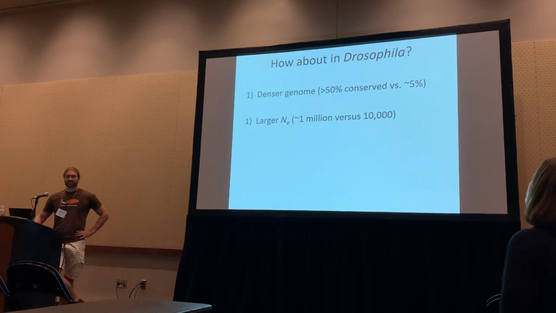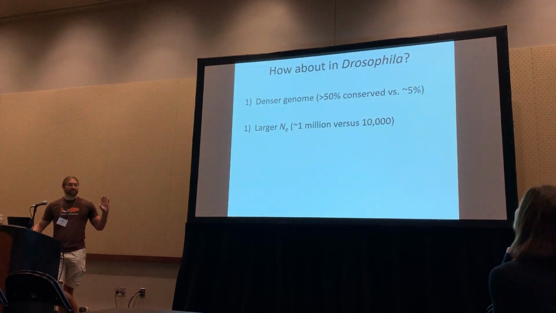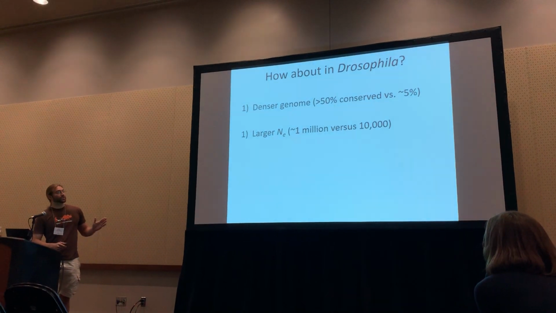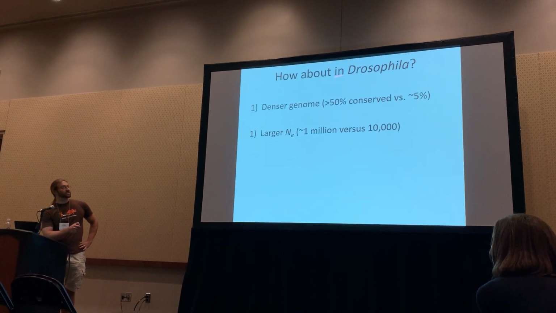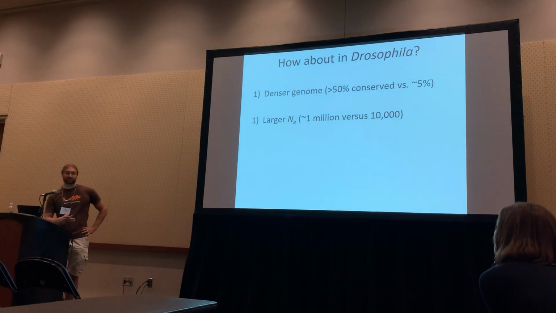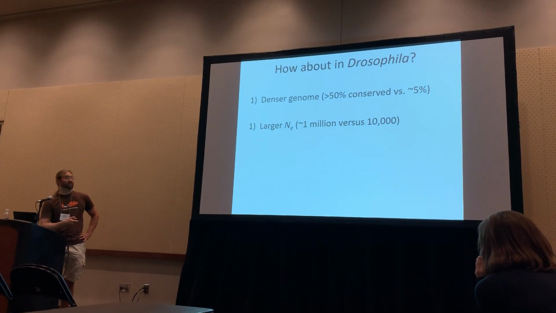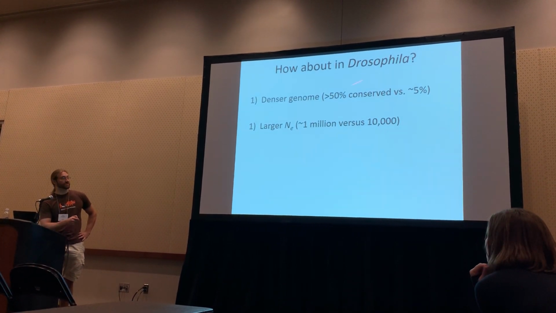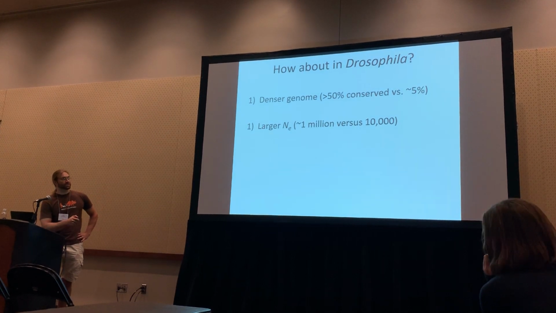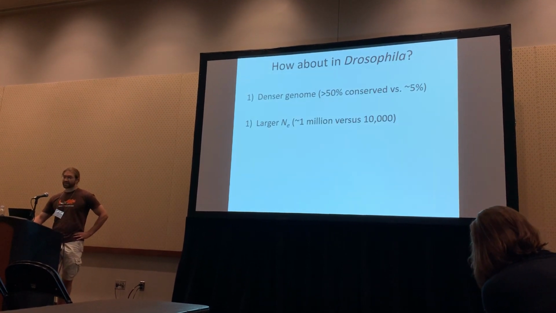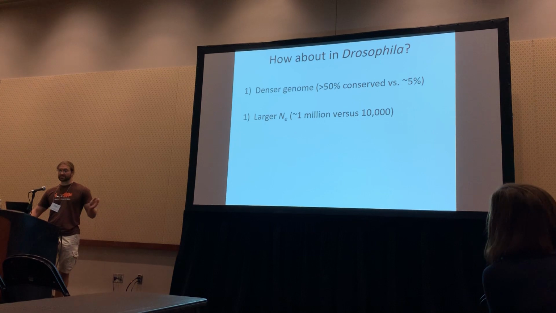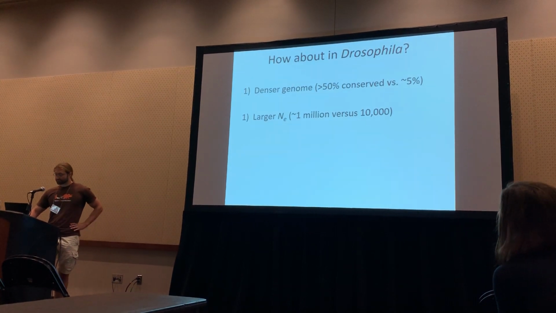Okay, how about Drosophila? We're going to switch to a different genome, a different organism here for two reasons: to see what happens when the genome is more densely packed with functional elements, in Drosophila greater than 50% rather than about 5% of the genome being conserved, and there's also a larger effective population size, which will affect the efficacy and the strength of natural selection.